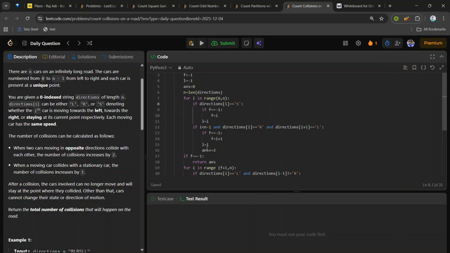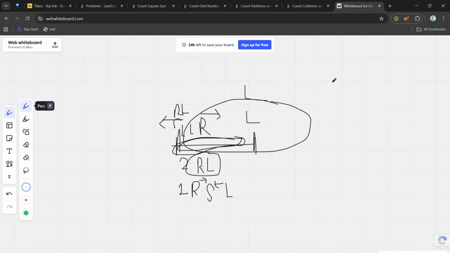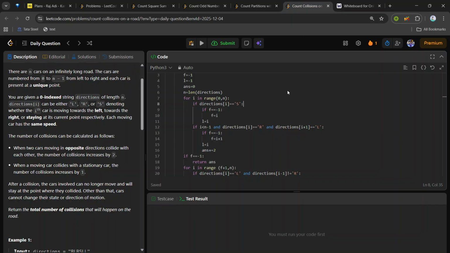We also store the first position of R as a case of L. Sometimes S comes and then RL comes, so it is better to take this RL case, because there may be some R in between which collides with this, and we get 1 point. So we also consider the RL at the last, and RL or S.